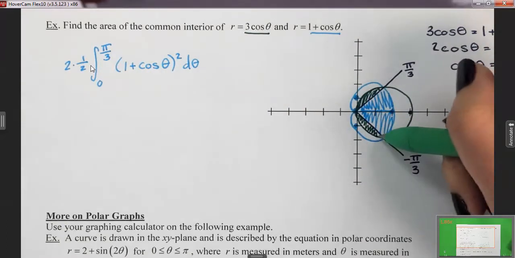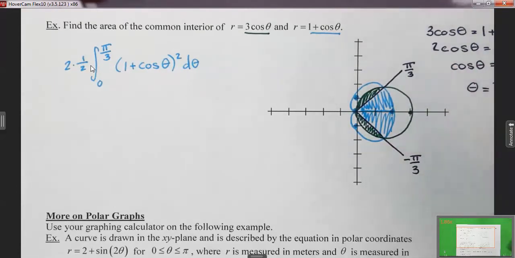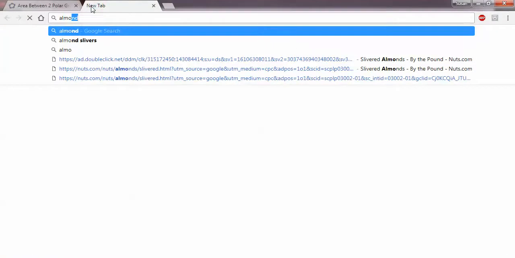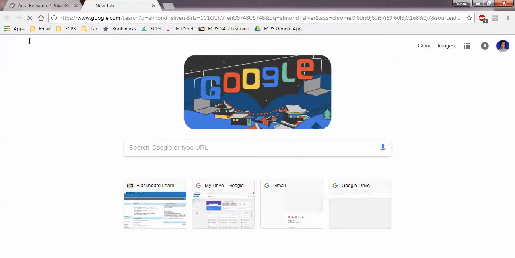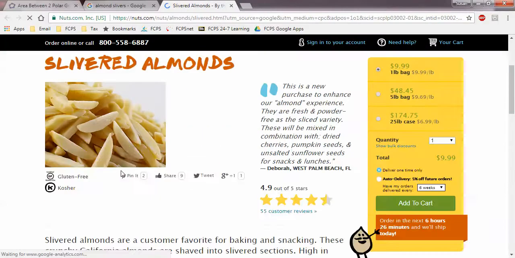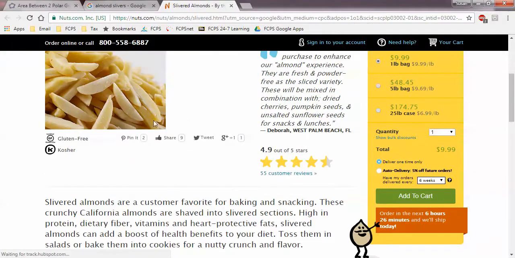I call them almond slivers because they look like almond slivers. They do. Have you ever seen an almond sliver? I'll show you. I looked it up before, see, slivered almonds. It looks exactly like that. Oh yeah, like a wedge potato. But it's smaller than a wedge potato.